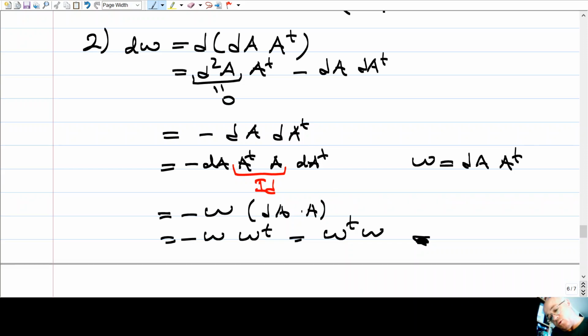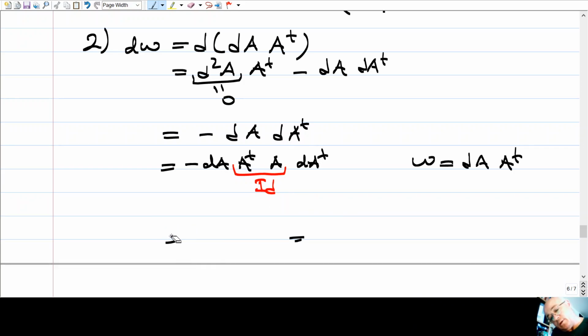I should be more careful. Okay, let me do it this way. Now this is minus dA A transpose, and then A dA transpose. This is minus omega.